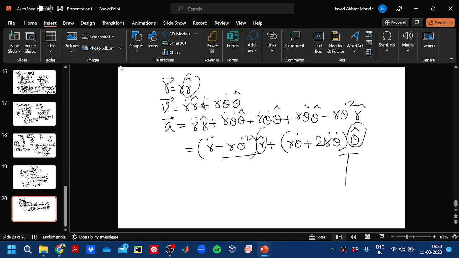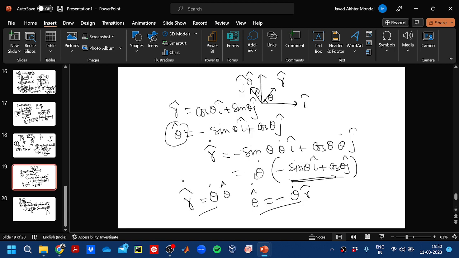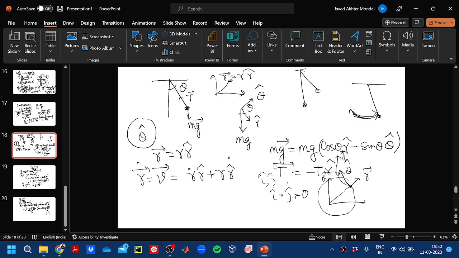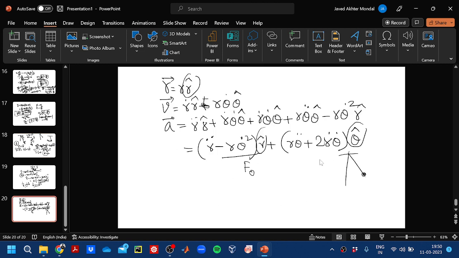In case of pendulum motion, we know the force in the theta cap direction, which we have already calculated. So this is the force in the theta cap direction: minus mg sine theta theta cap. And what is the force in the r direction? It will be mg cosine theta minus T in the r cap direction.